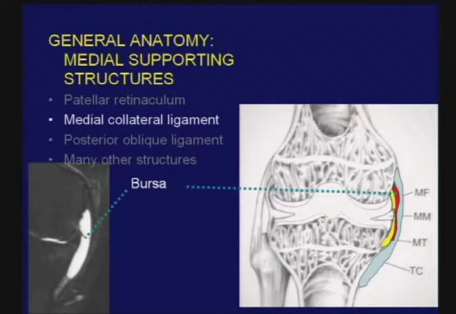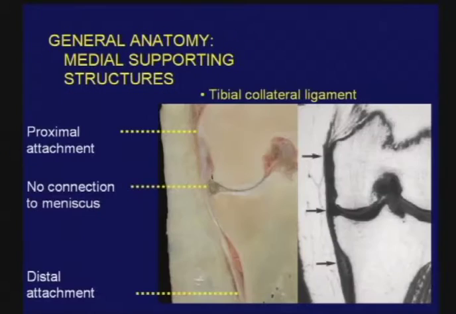Deep to that, shown in yellow, is the deep medial capsular ligament, which consists of a meniscofemoral portion and a meniscotibial or coronary portion. Between the two, there is a bursa shown in red, and it is not uncommon to get fluid within that bursa. The amount of fluid varies from one person to another. There are examples of bursitis, but most of the time, that fluid is not symptomatic.